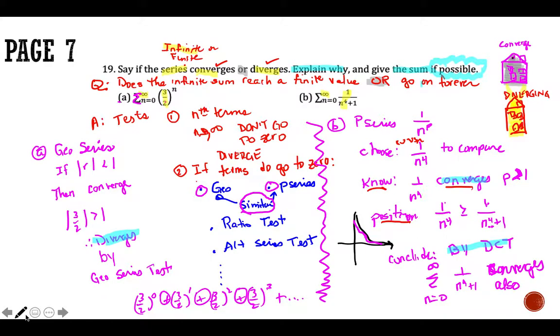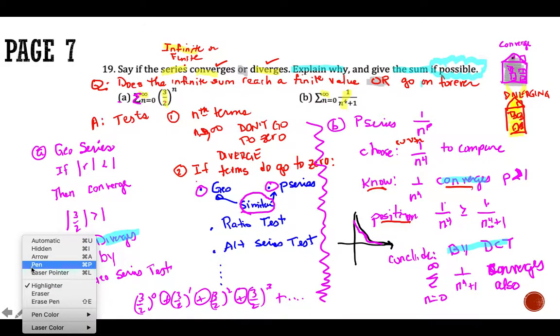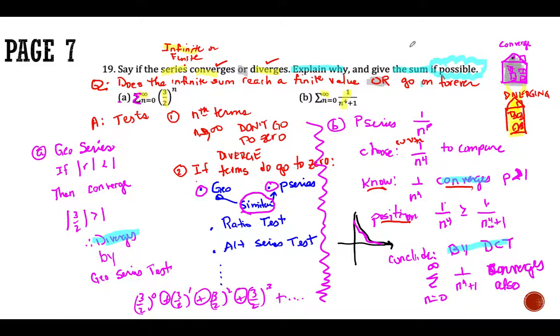So let me give you the fine print on that. If you have a series that converges, the only kind of series that you can give me a value for, a value of an infinite sum, is geometric. This geometric series diverged, so it's not possible to give the sum because it diverges.